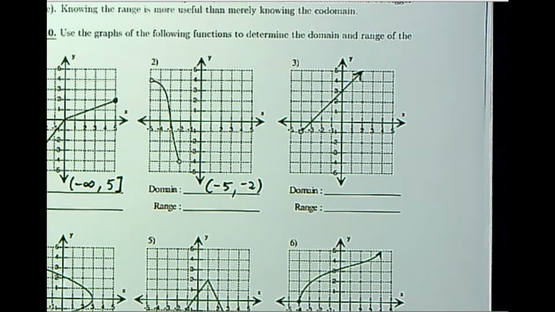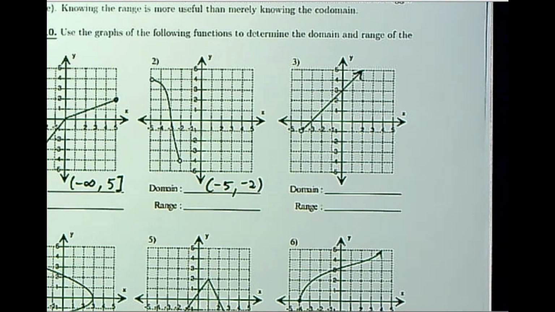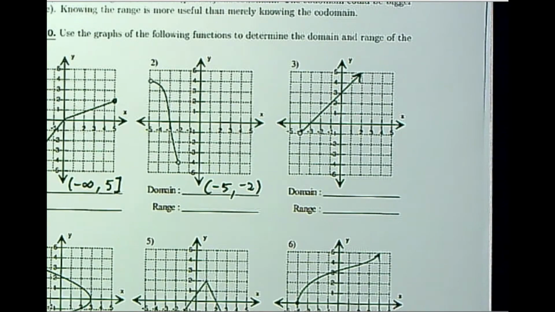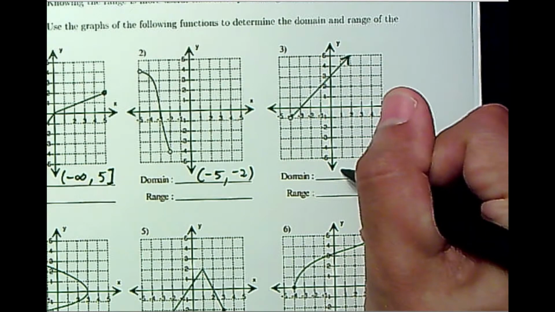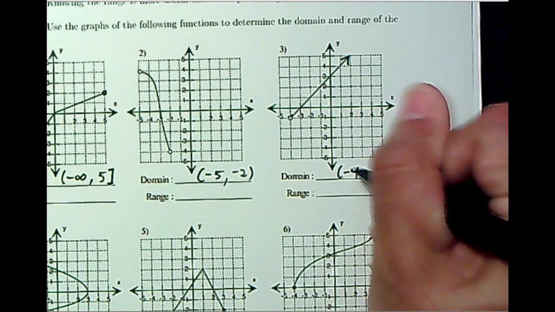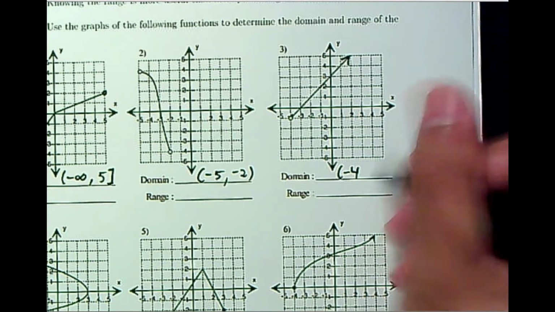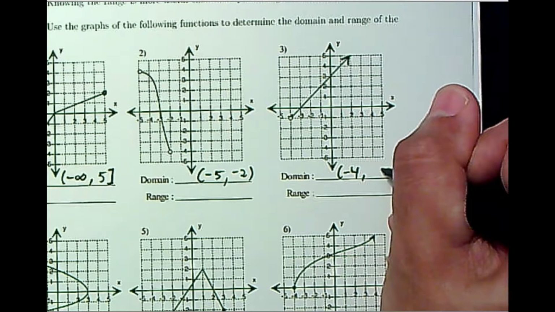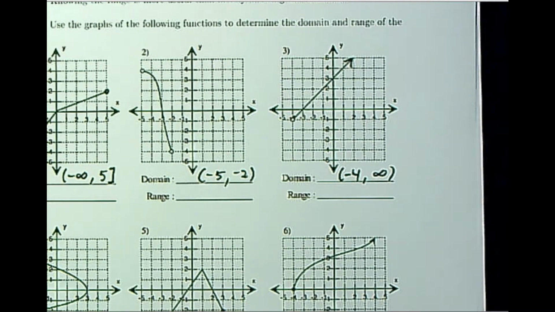It starts right there, and it never stops. It keeps moving to the right. So the domain of this one starts at -4, not included, there's a hollow dot, and then it goes on forever to the right. So -4 to infinity is the domain of that one.